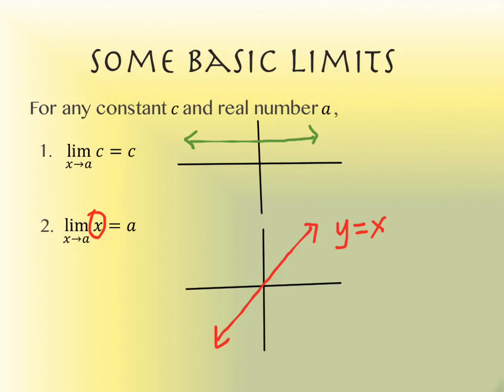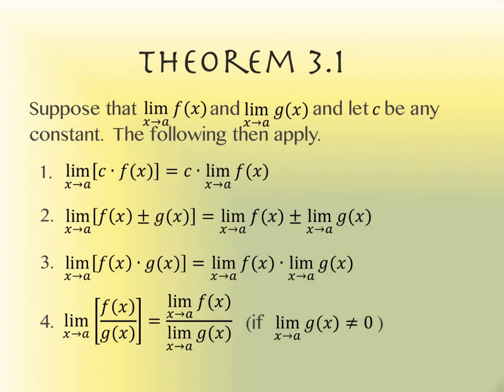Everywhere along that curve, if you're getting close to an x value of 5, you're at a y value of 5. So along the curve y equals x, no matter what the x value is, you're at the same y value. So that's the limit. All right, those are the basic ones. After that, they get a little more interesting, but everything that we would want to be true is true.